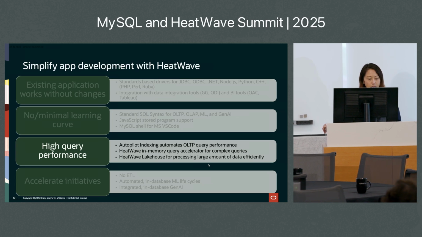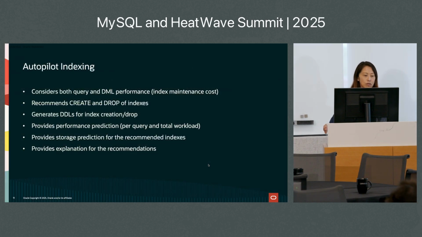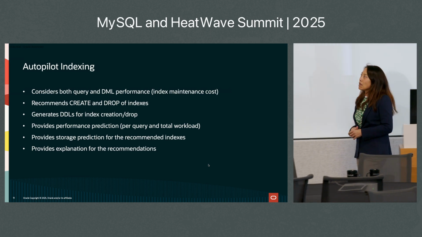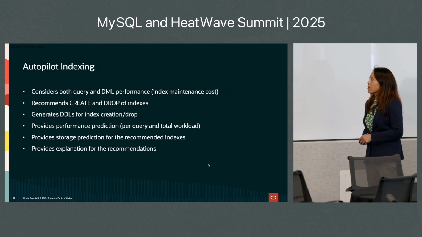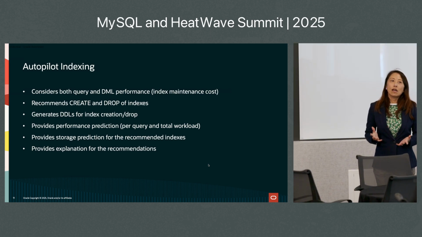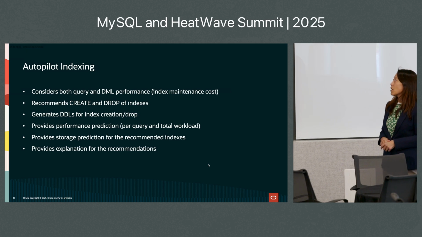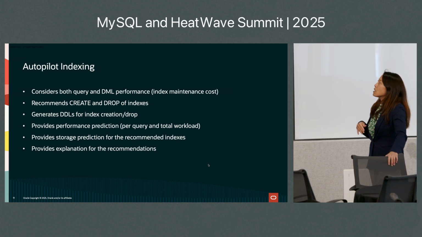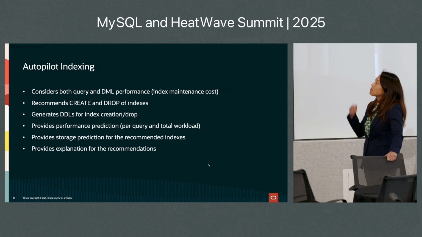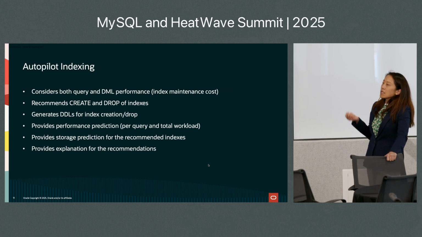And then the next thing is about performance. I want to highlight again, autopilot indexing is one of the things that we think would help a lot of our OLTP customers improve their performance. It eliminates the need for the DBA to spend a lot of time finding secondary indexes to improve the OLTP workload.